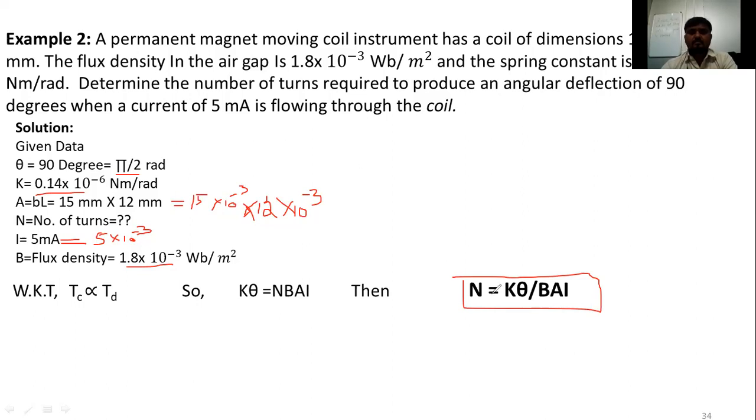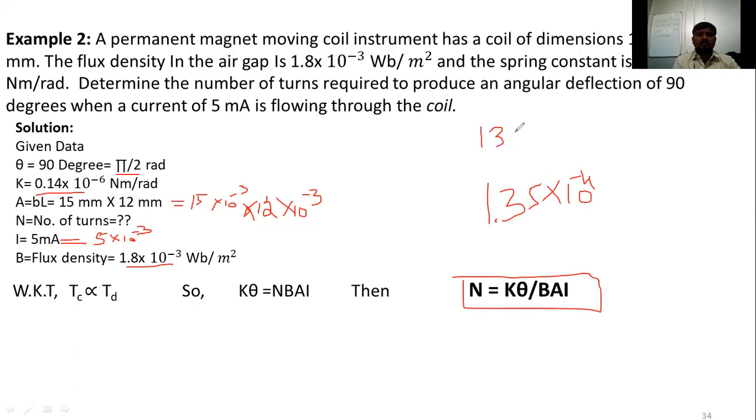1.35 into 10 raised to minus 4. 1.35 into 10 to the power of minus 4. Another answer is 135.